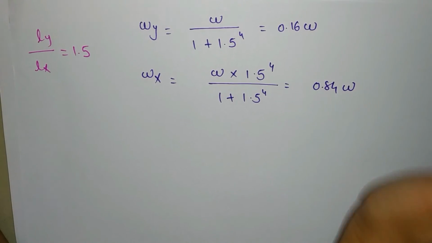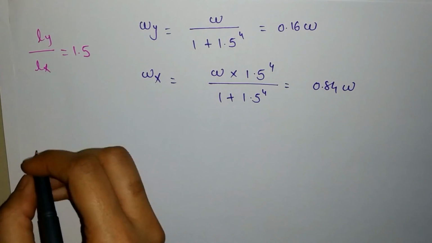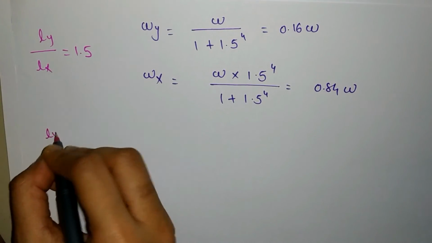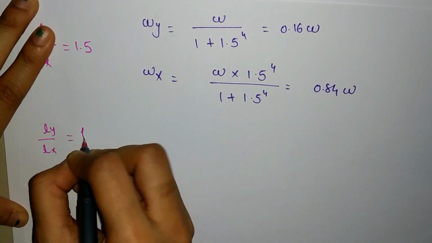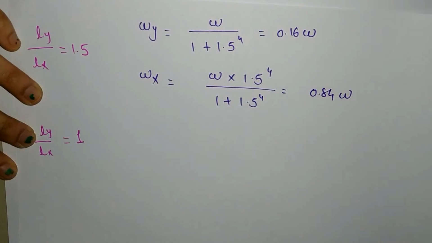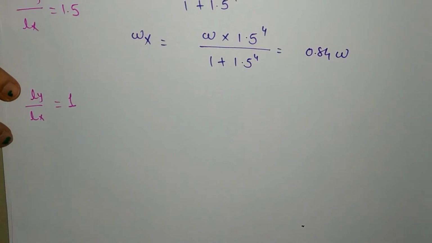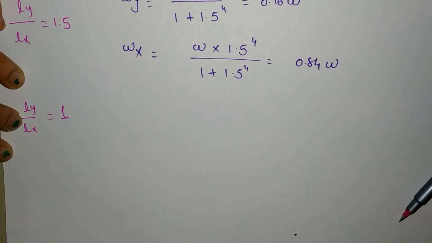Now let's take another ratio to justify our two-way slab. Ly upon Lx will be 1. Now let's see what if the Ly upon Lx ratio is equal to 1.